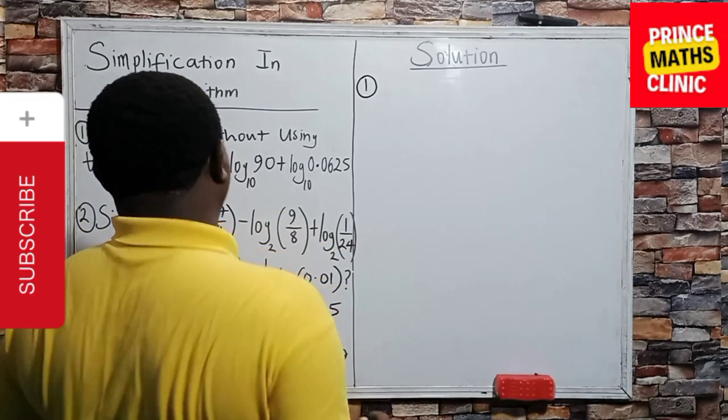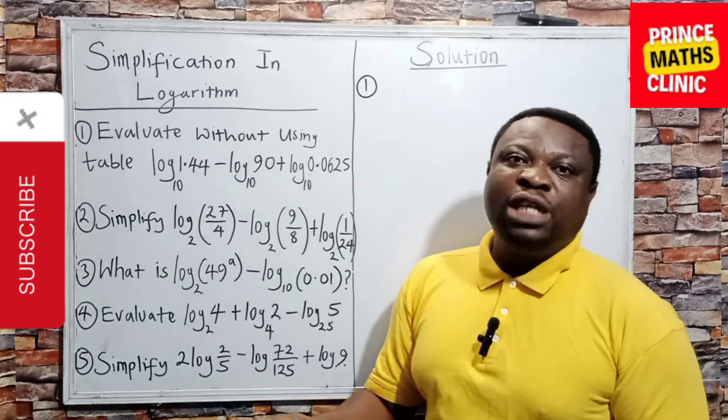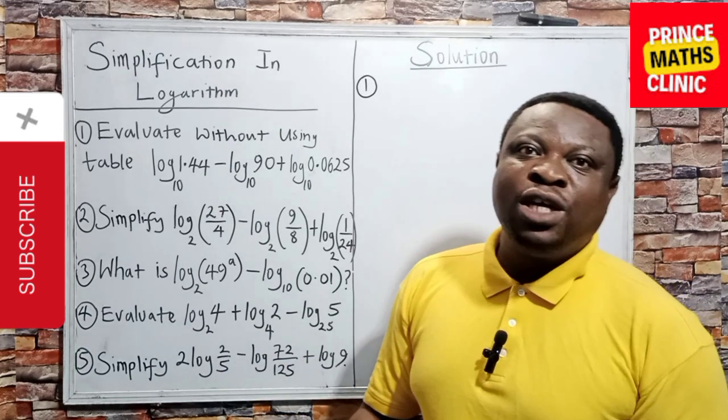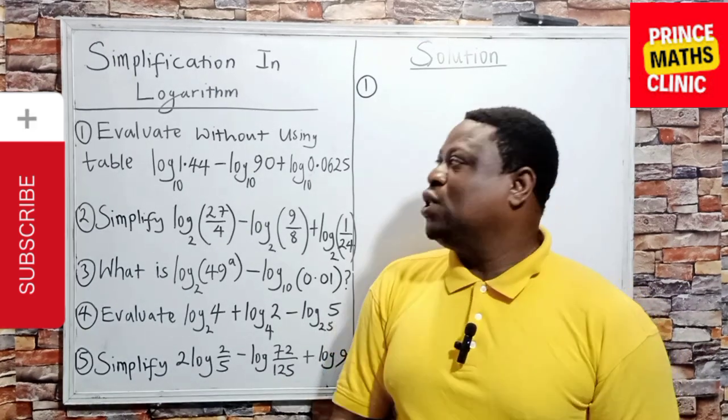So the first question says we should evaluate without using tables. That means when we say to evaluate without using tables, we don't want you to use the calculator or the four-figure table.